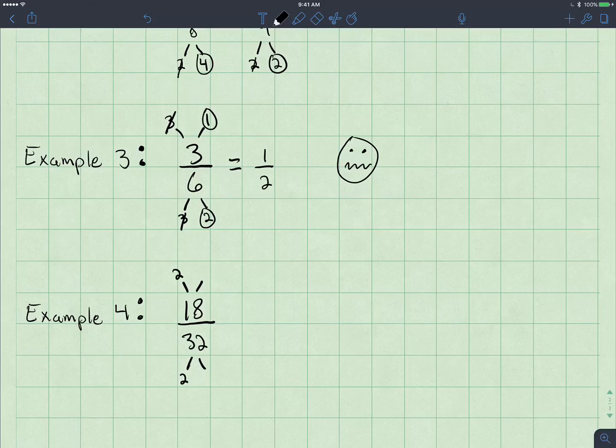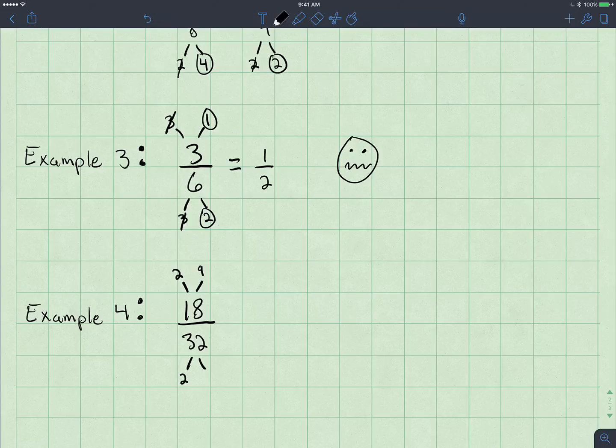So I put a 2 on both sides, at the top and at the bottom. But what can 2 be multiplied by in order to get 18? We know that 2 times 9 gives us 18, and 2 times what gives us 32? Well, we'll have to actually just divide 32 by 2 if you don't know already in your head.